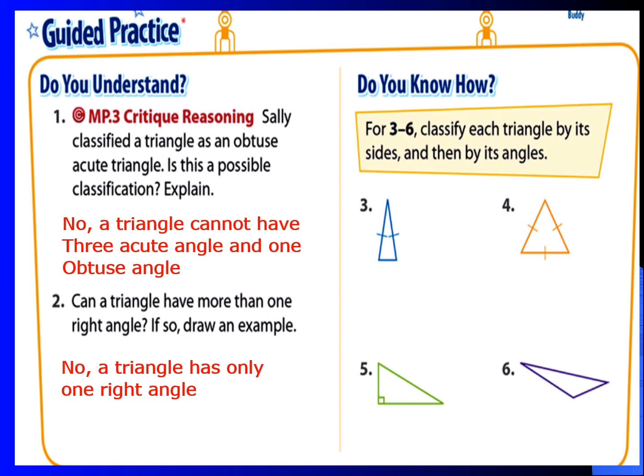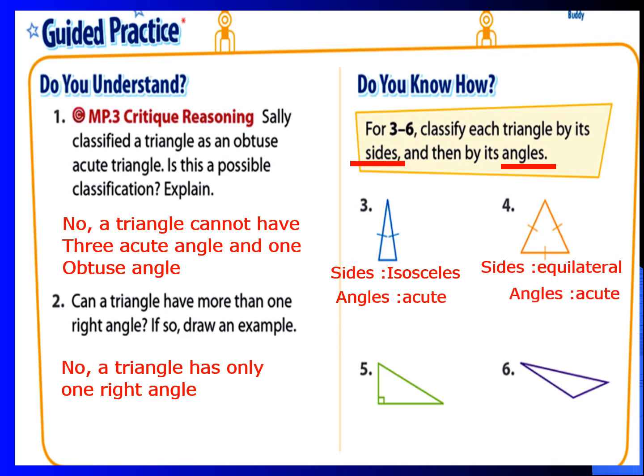Question 3. For questions 3 to 6, classify each triangle by its sides and its angles. The first one is so clear. This one has two sides that are the same, so it's going to be an isosceles triangle, and all of the angles here are acute, so this one is going to be an acute triangle. Question 4, of course, all of the sides here are the same, so it's going to be equilateral, and all of the angles here are acute, so it's going to be an acute triangle.